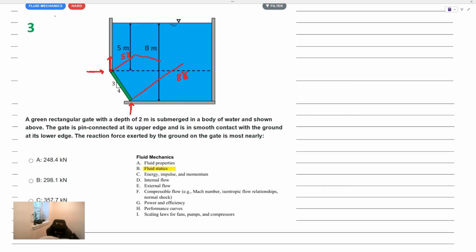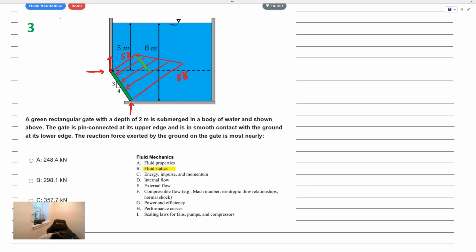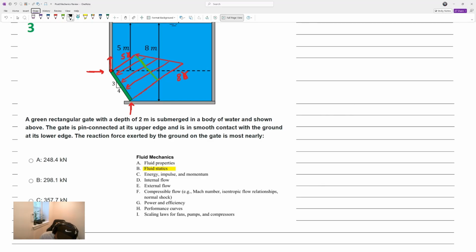We could connect those points here, and we get this pressure distribution, or this prism, a trapezoidal prism that we can split up. We can split it up into a triangle and a rectangle here. Remember that if we find the volume under that distribution, we're finding the total force.